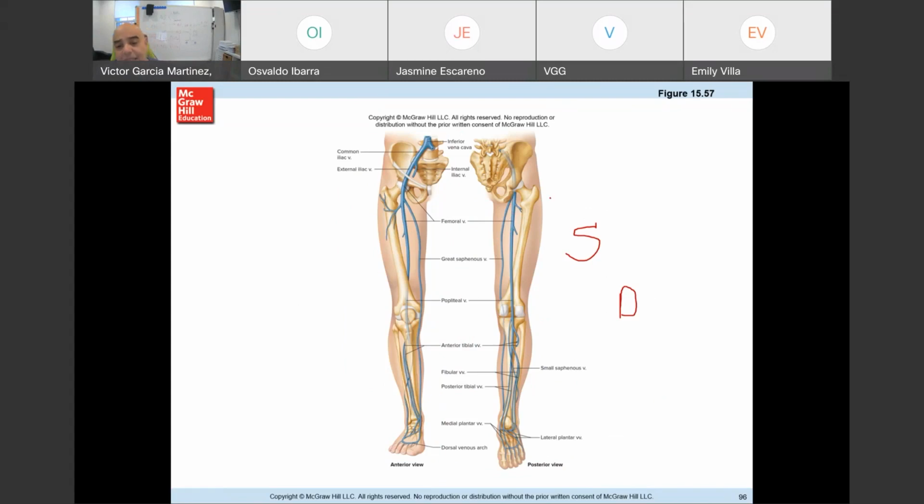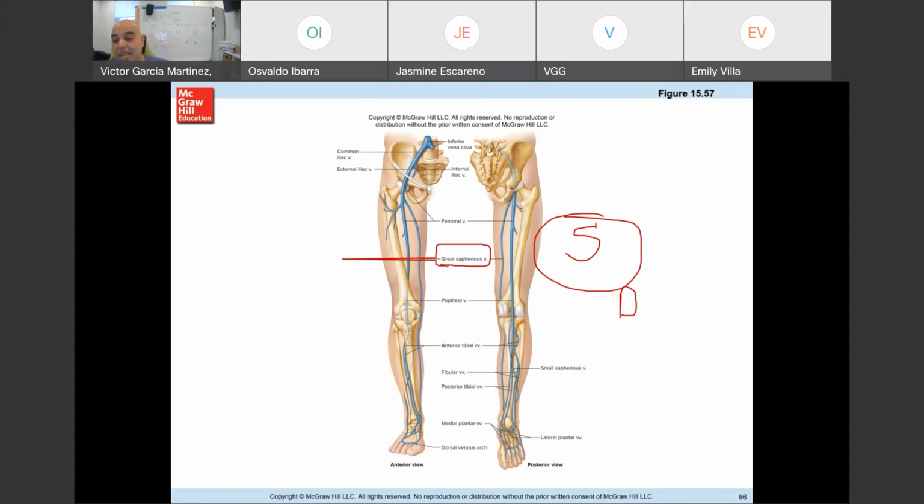But you have a superficial system, which is very useful clinically, because we have the longest vein in our body, from the foot until you get the internal iliac vein. And this is the great saphenous vein.